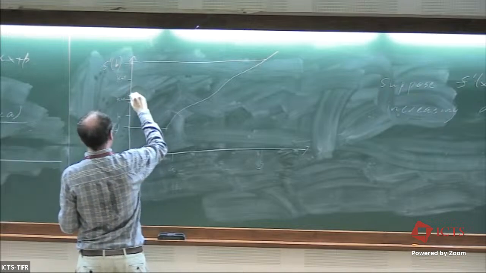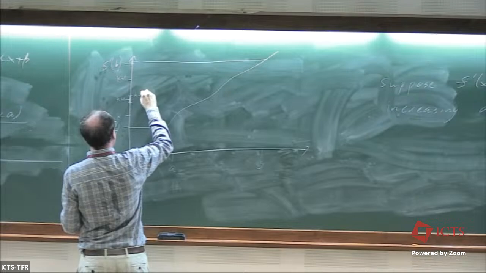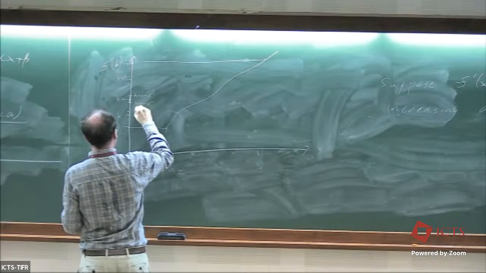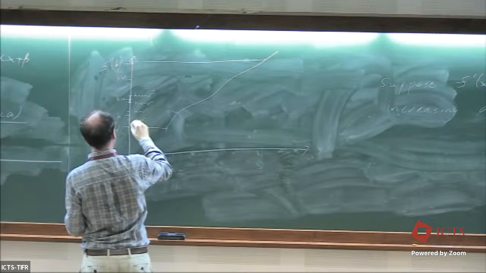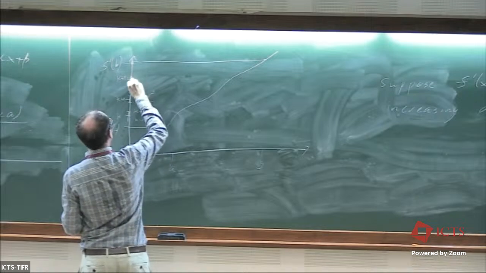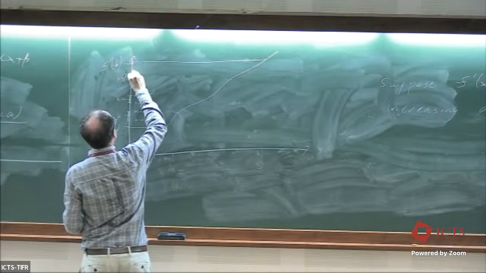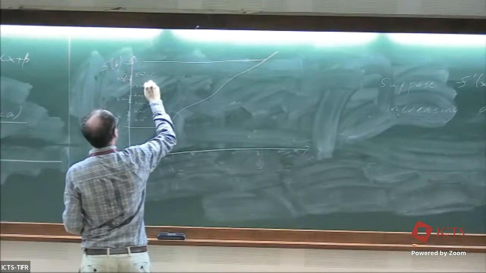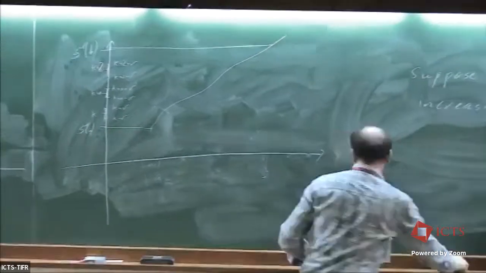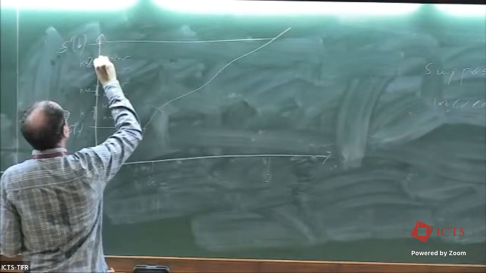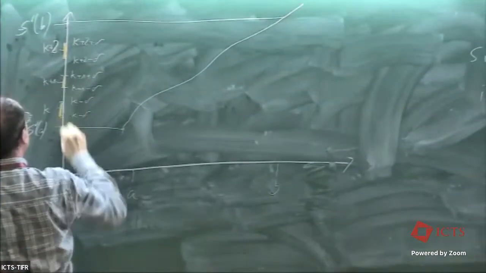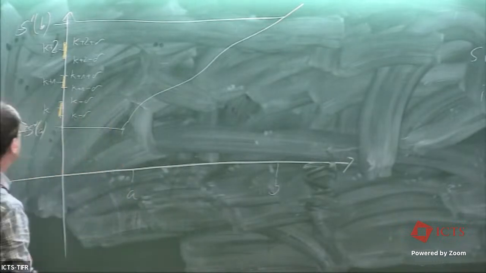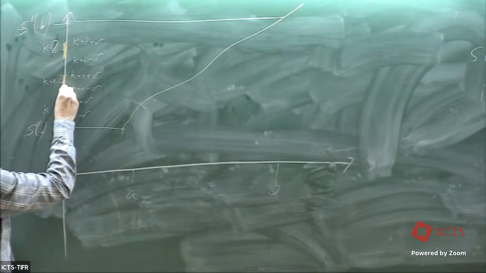So then we take small intervals: k plus 1 plus delta, k plus 1 minus delta, k plus delta, k minus delta. Here also a small interval, k plus 2 plus delta, k plus 2 minus delta. And then these intervals here.